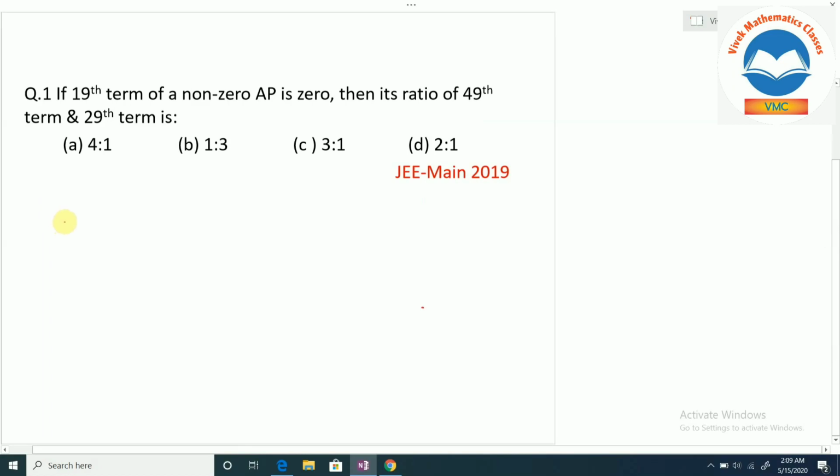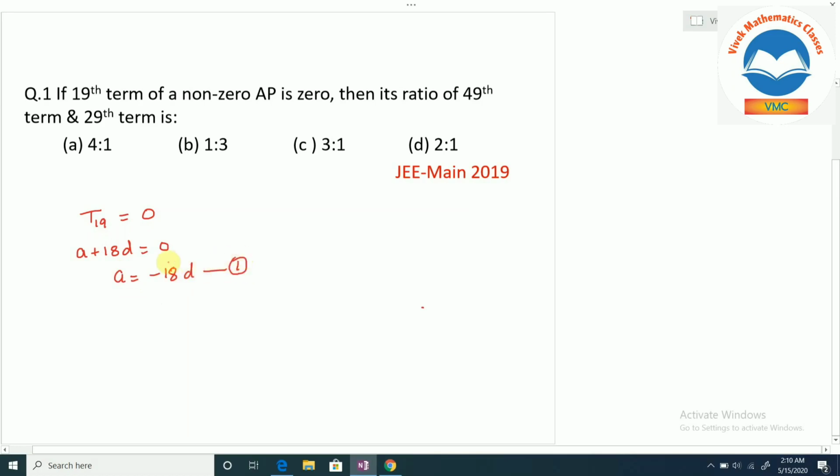If the 19th term of a non-zero AP is 0, then we need to find the ratio of its 49th term and 29th term. T19 is A plus 18D equal to 0, so A equals minus 18D.